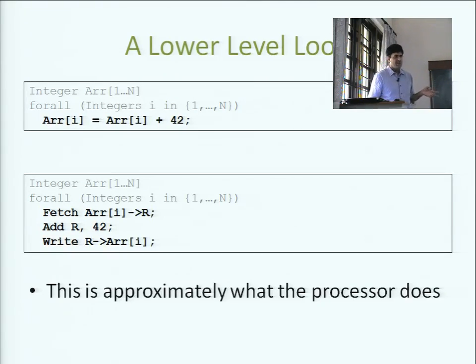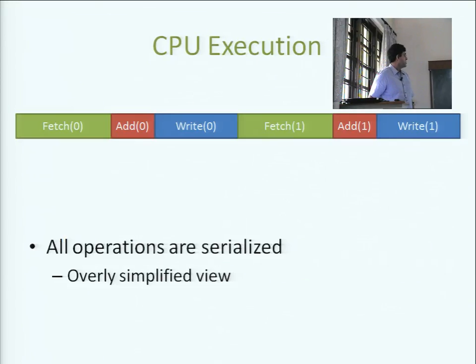So now what I want to do is try and explain how a CPU would execute this piece of code, and how it is that we can actually do better by changing the architecture of the processor, and why GPUs make certain architectural decisions which are different compared to CPUs, right? So, a very basic CPU, this is what would happen. I designate the read as a fetch, the add as the add, the store as the write, and the number in brackets is meant to mean which iteration that particular store or add belongs to.